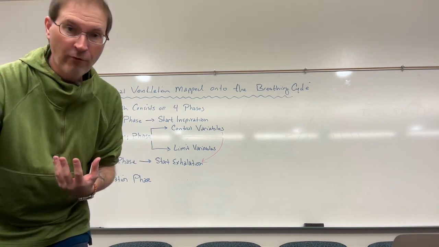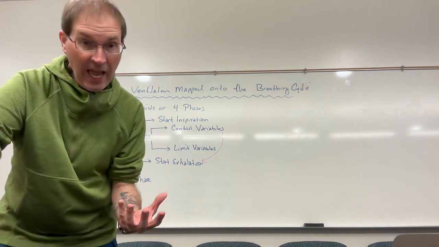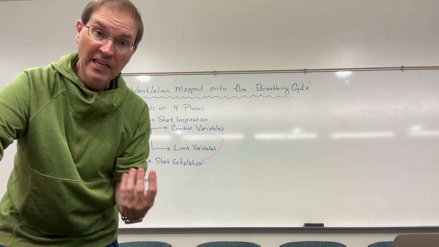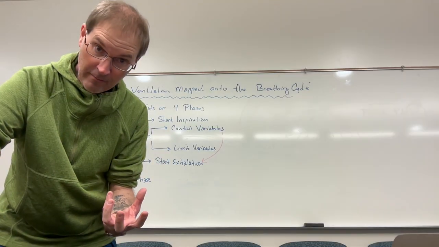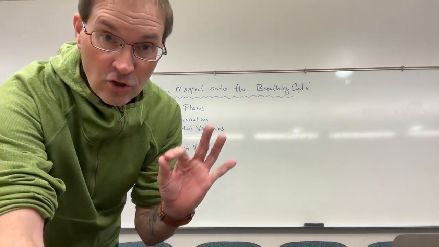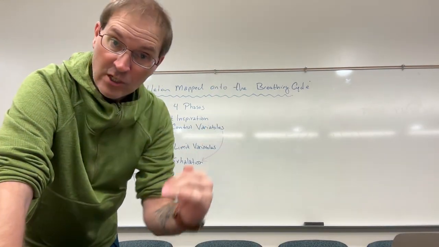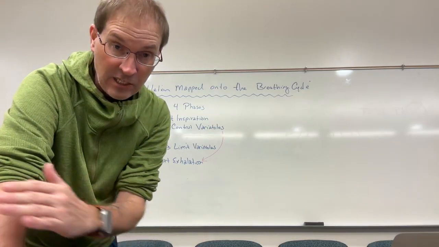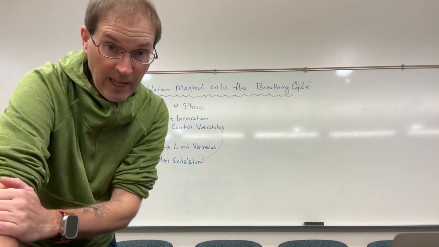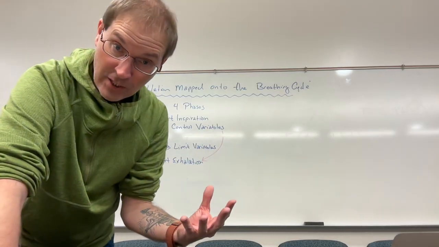The term for stopping inspiration and beginning expiration or exhalation is cycle. So a control variable is used to cycle the ventilator from inspiration to expiration or exhalation. I'm going to talk about these variables in more detail. This is just a basic foundation.